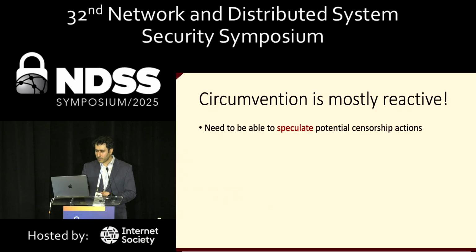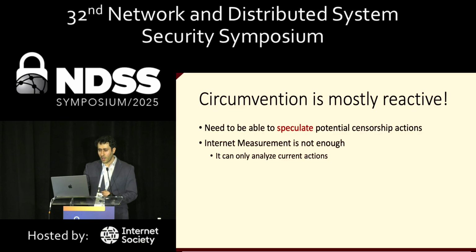I believe that we should change gears and become more proactive. We need to be able to speculate about what the censors could potentially do in the future so that we prepare and proactively develop countermeasures. But that kind of proactive approach is not that trivial.